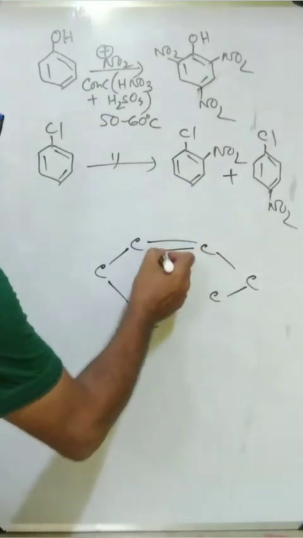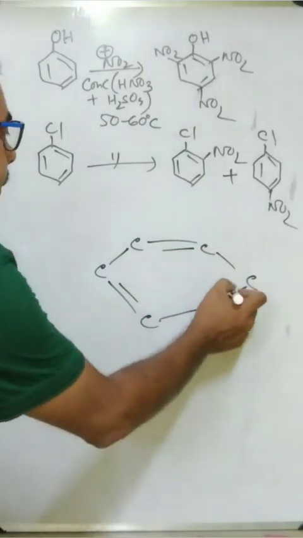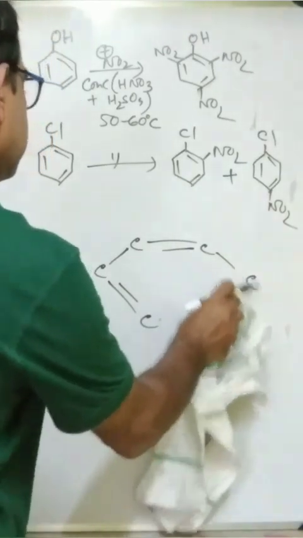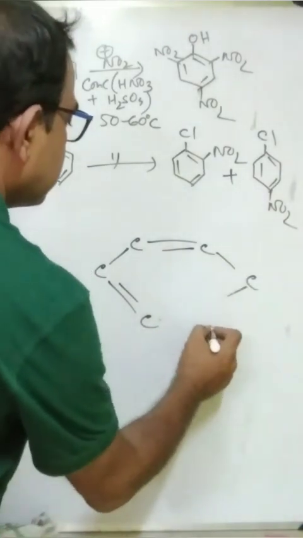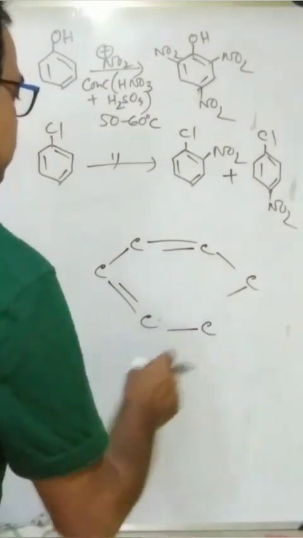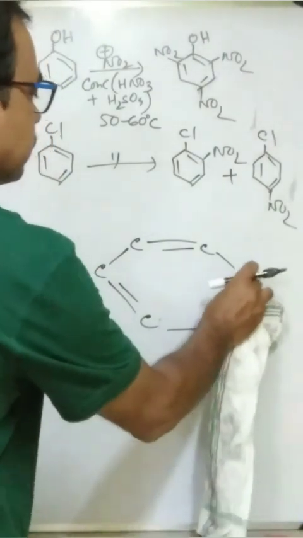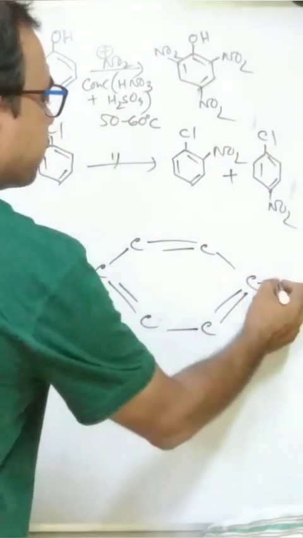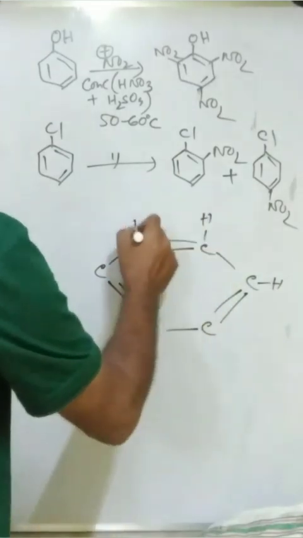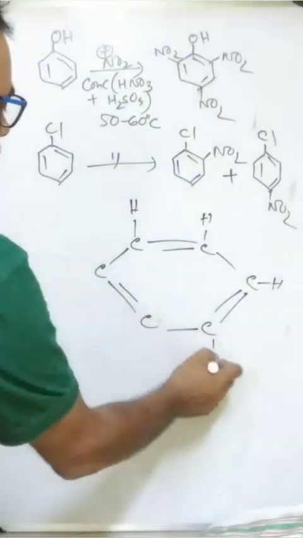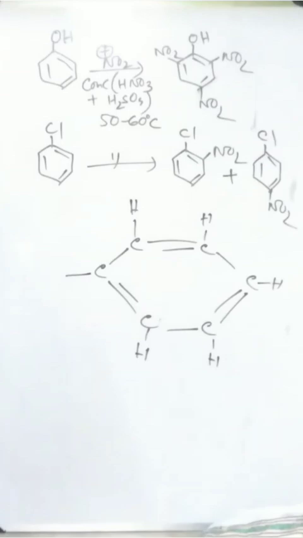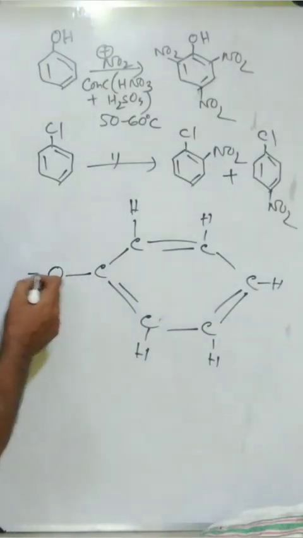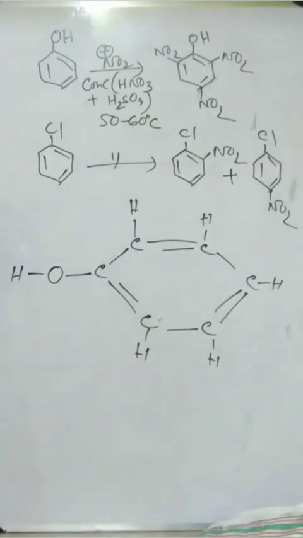All have alternate double bond and single bond, and all have a hydrogen atom attached. And here, in case of phenol, oxygen is present, and with oxygen a hydrogen atom is also present.